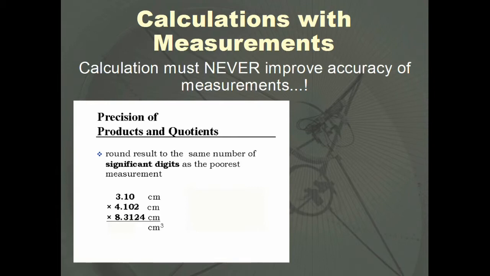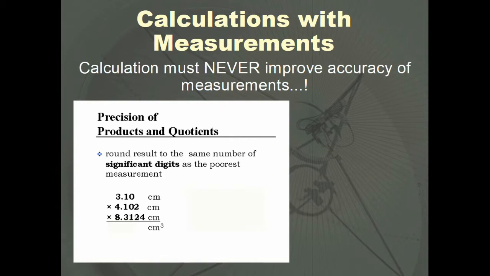In other words, now significant digits are absolutely essential. Here's an example. Let's say I want to get the volume of an object that I have measured. It looks like this is a brick with a length of 3.10 centimeters on one side, 4.102 centimeters on the other side, and 8.3124 centimeters on the last side.